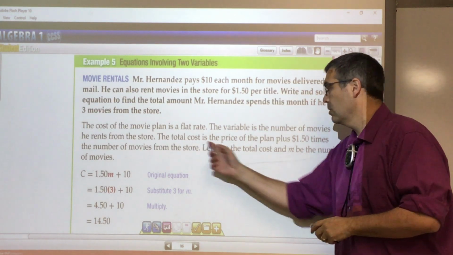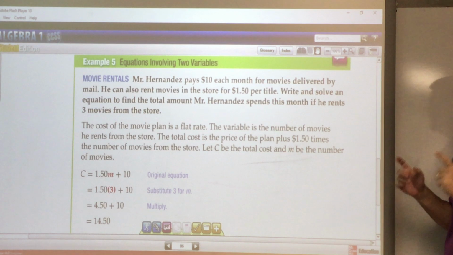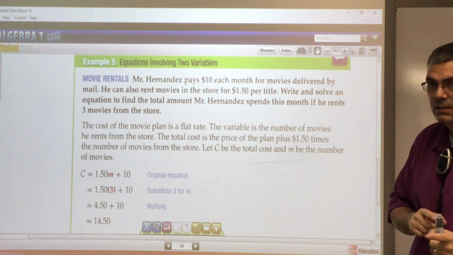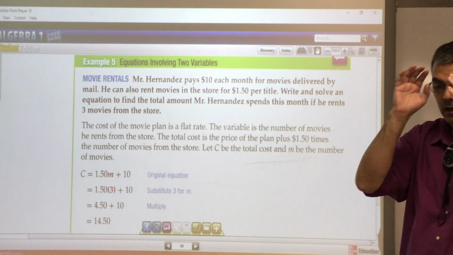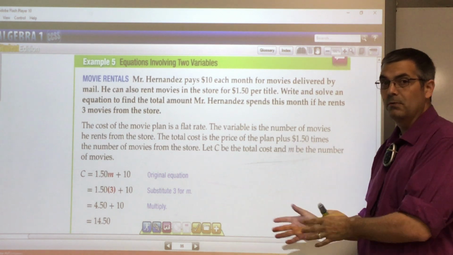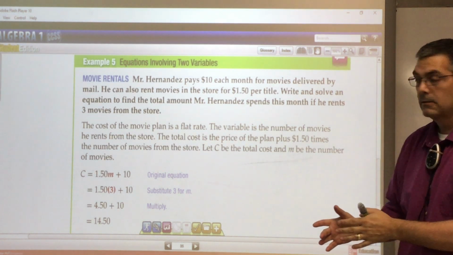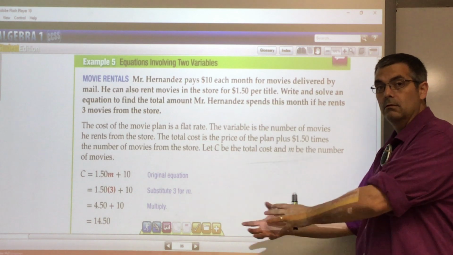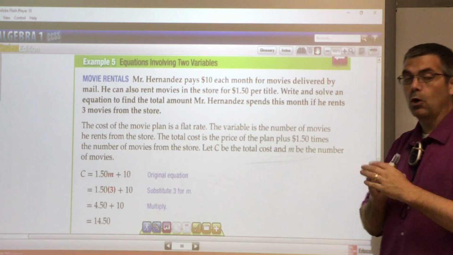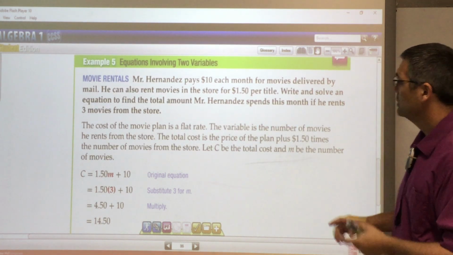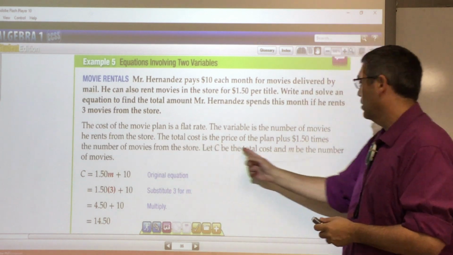Right? That changes. That fluctuates month to month. Okay. The total cost is the price of the plan plus $1.50 times the number of movies. So you're going to take the $1.50 and multiply it times however many movies he rents, and then you're going to add it to the $10 to find out the total cost. All right, so they tell you the total cost of the price of the plan.